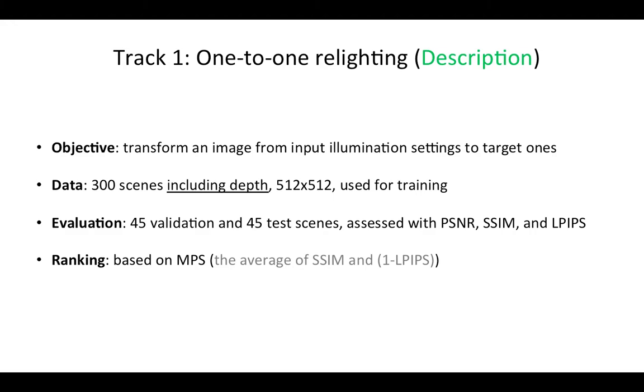There are 45 images used for validation and 45 used for testing. All the results are assessed with PSNR, SSIM, and LPIPS. The final ranking is based on MPS, the mean perceptual score, which is the average of SSIM and 1 minus LPIPS.